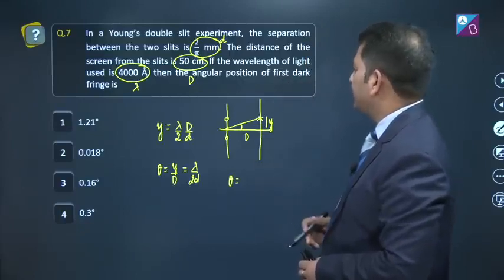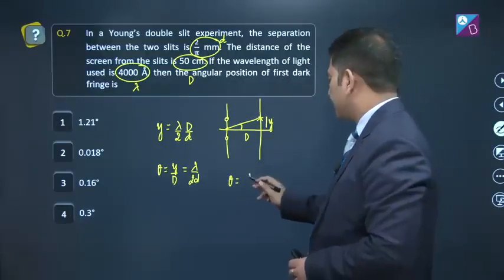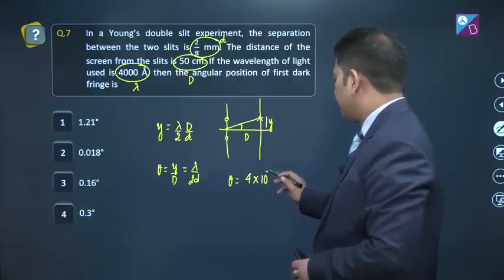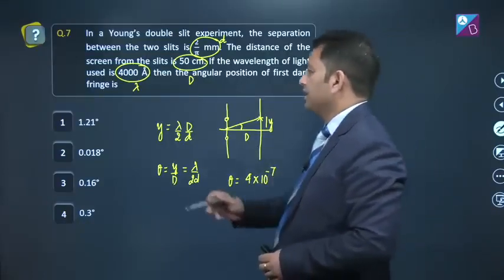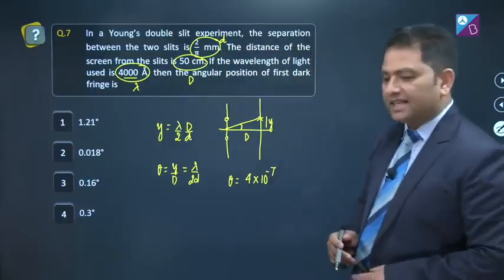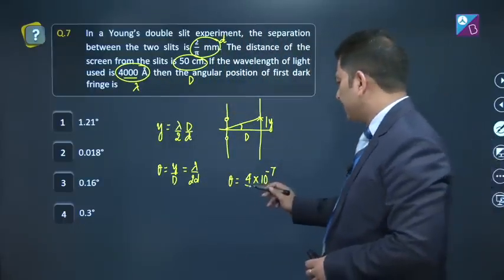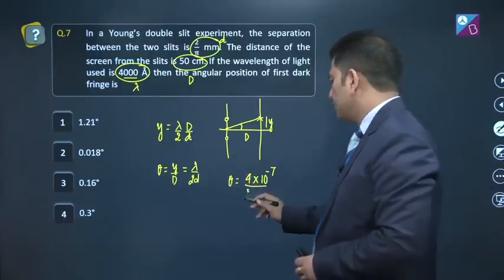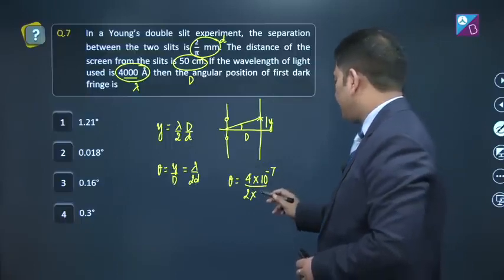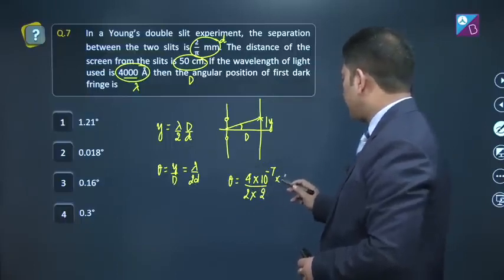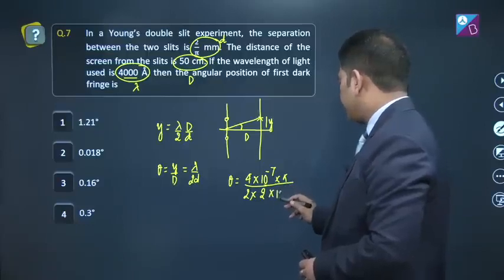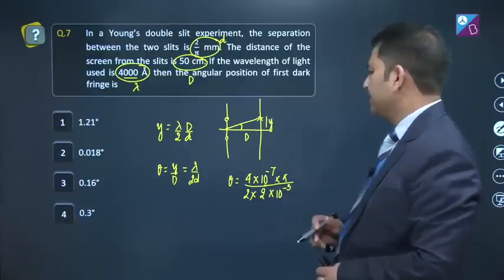Lambda is how much? 4000 angstrom. So 4 into 10 raised to the power minus 7 is what it becomes, because this is 10 to the power 3, and angstrom is 10 raised to the power minus 10, divided by 2 multiplied by the separation between the slits, 2 by pi millimeter. So 2 and pi come up, and millimeter is in the denominator, 10 raised to the power minus 3.